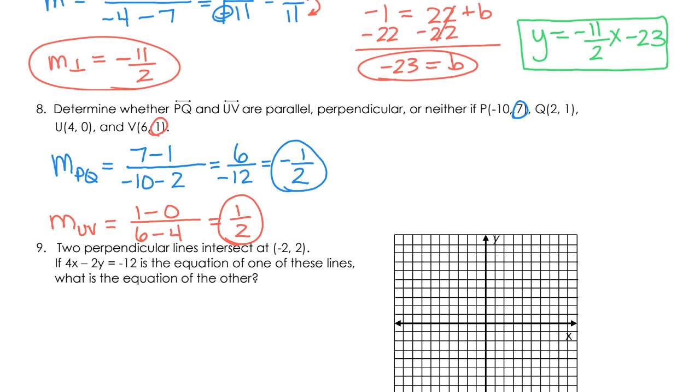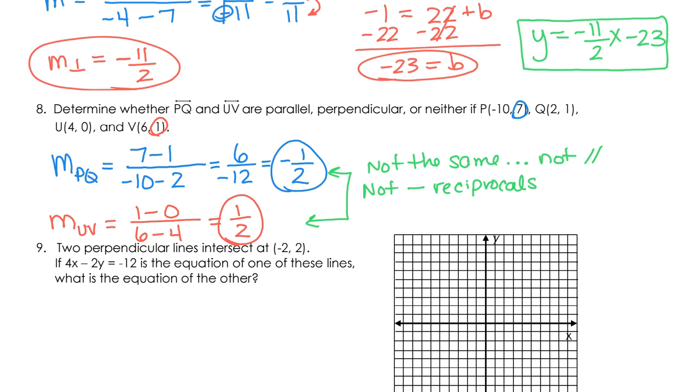And now you guys can see that these two slopes are not the same. And what that tells me is that they are not parallel. Okay? They also are not negative reciprocals. Okay, they do have opposite sign, but flipping 1 over 2 to be the reciprocal would be 2 over 1, and that's not flipped.